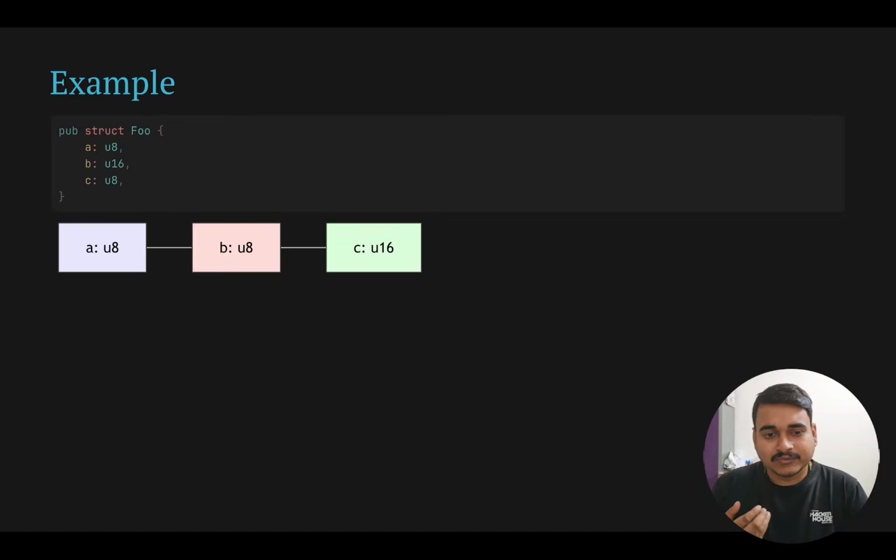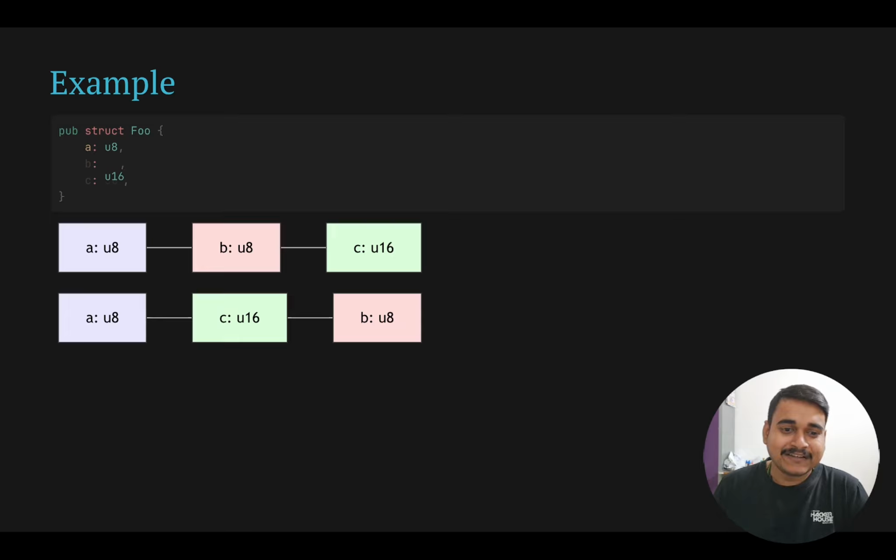So in Rust, whether you write it as ABC or ACB, whatever, that doesn't matter. While if you do that kind of misplacement in C, you will end up with B getting stored in C, C getting stored in B. You're getting me? If you just switch it, it will switch the places.